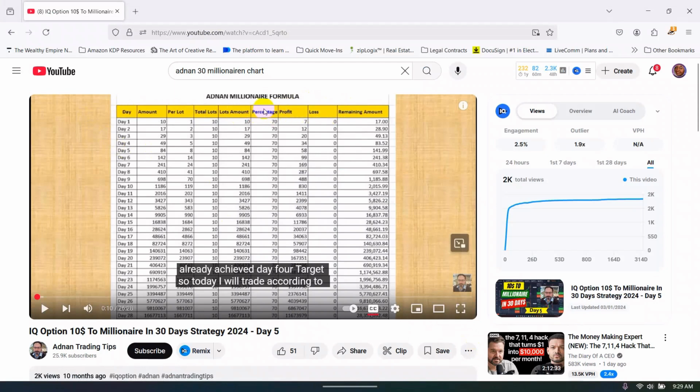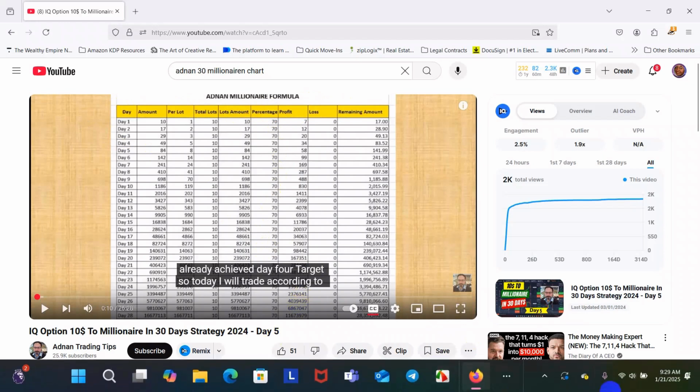And you see it's based on 70%, and most of my trades I do at 92%. So that is really the only difference, but I'm still going off of his numbers for the profit. And I took out the loss column. Don't ask me why I did that. I have no earthly idea.